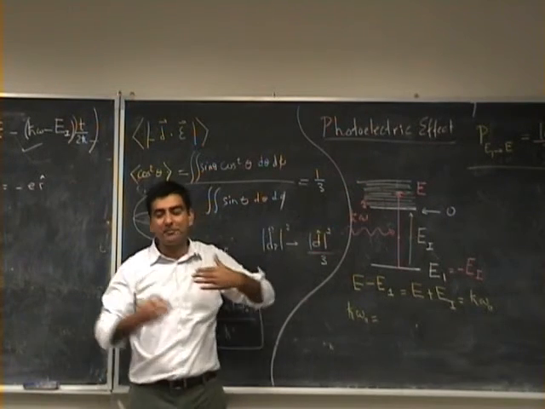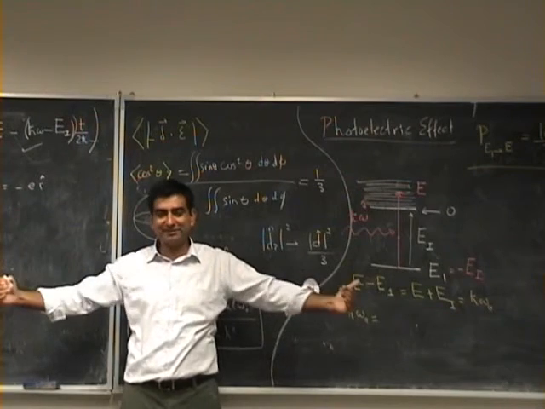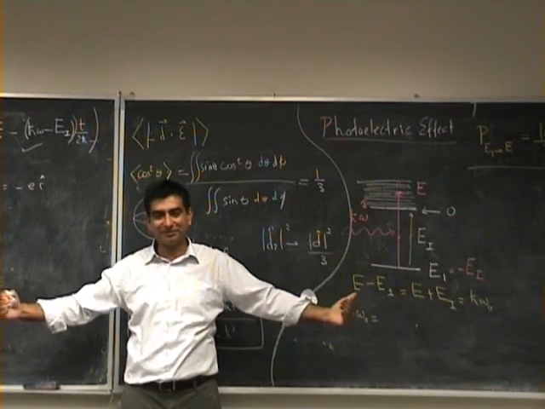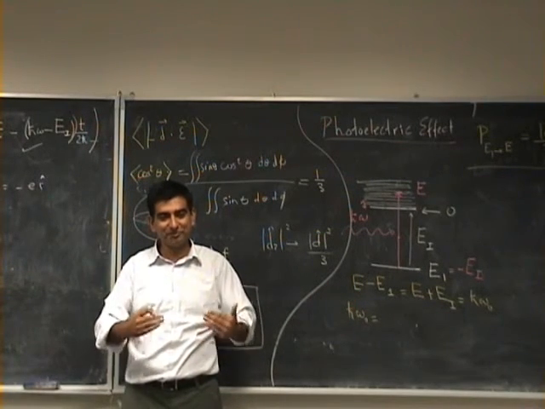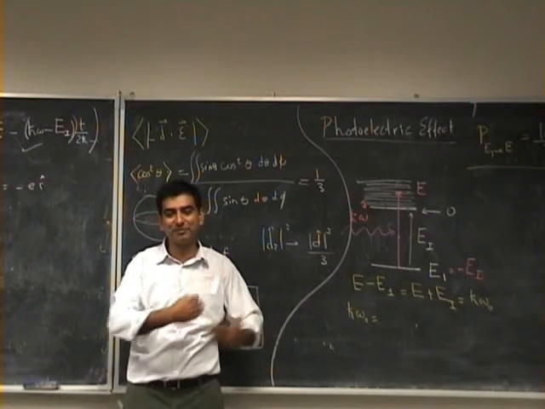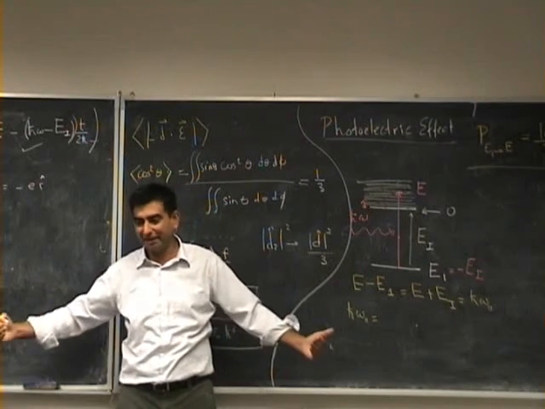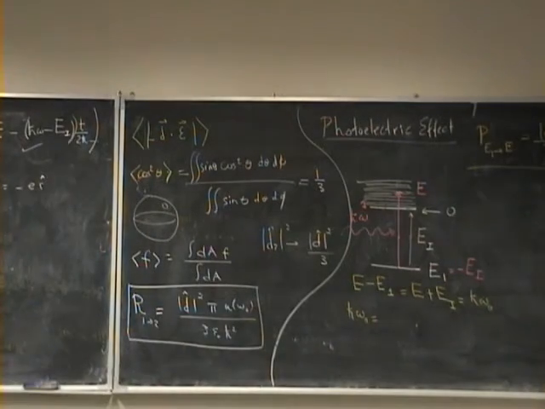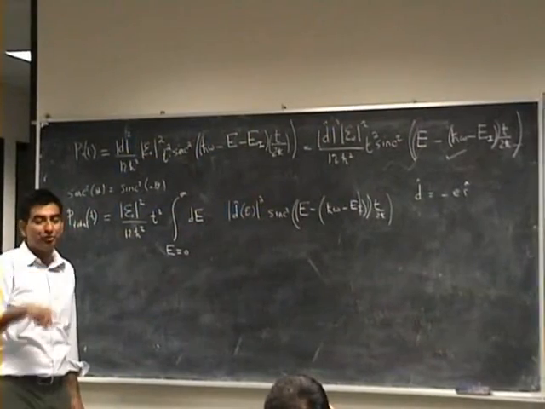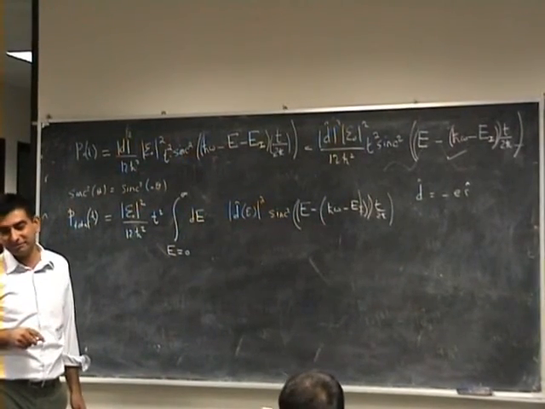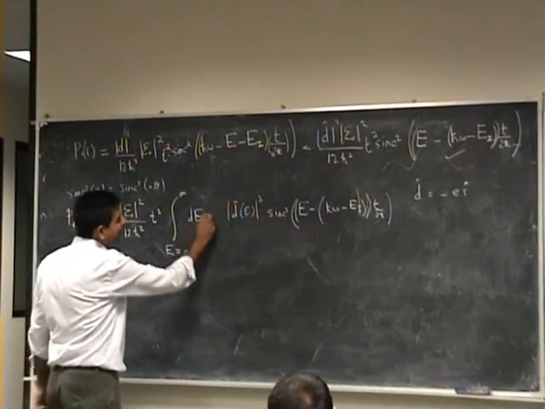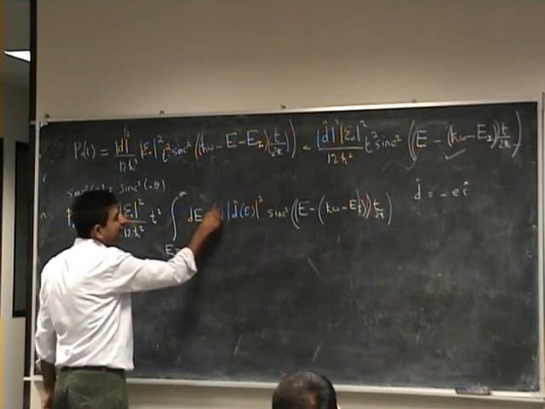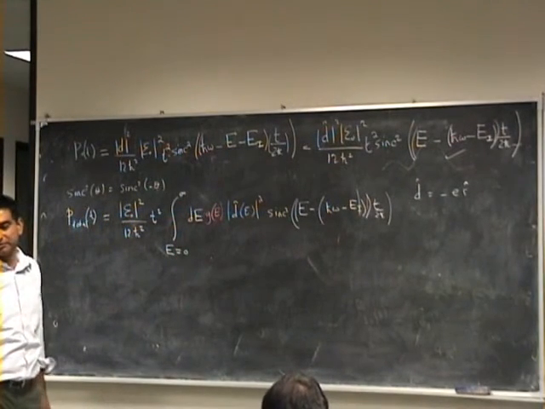If many states exist at the same energy, there is a higher probability of making a transition to those states, because each one of them contributes a probability and all the probabilities add up. So what I really need to include here is a factor that tells me how many energy levels I have in the continuum per unit energy. I put in a factor called the density of states, g(E), which is a function of energy.